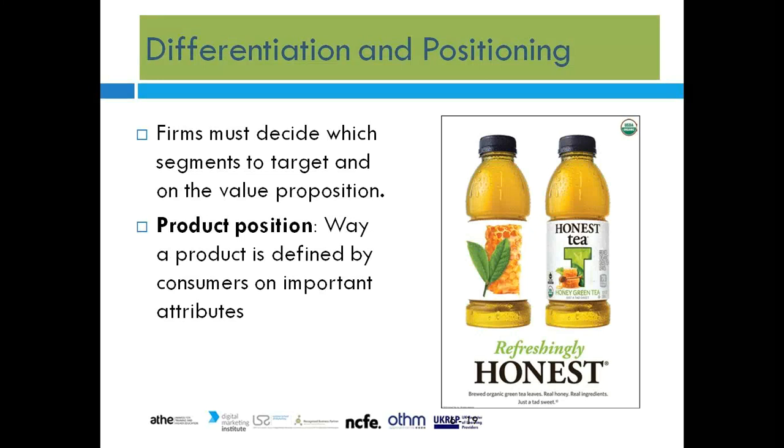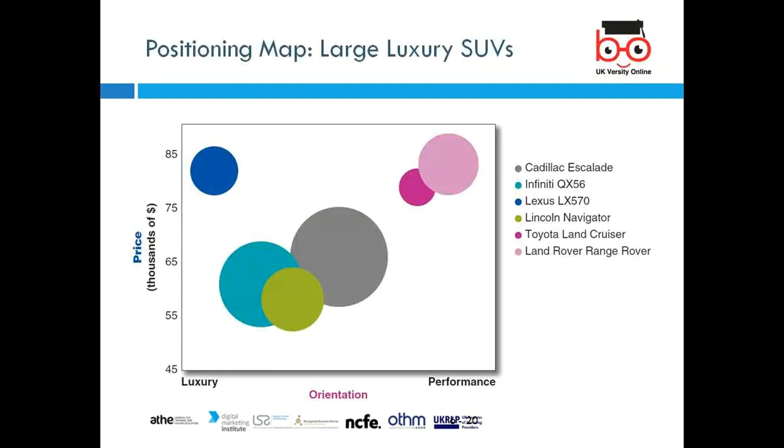The way a product is defined by the consumer and the important attributes, so that we can differentiate and position our products as well. So we need to be focused on positioning. Think about the car industry: the price, the performance, and how luxurious it is.